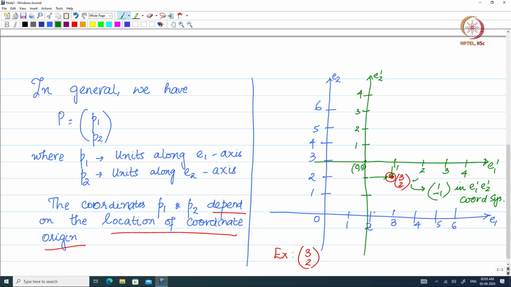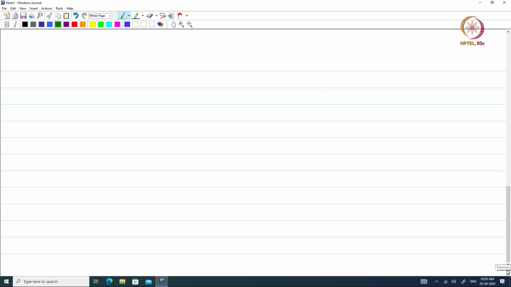Now, what is interesting is that the location of a point, as we mentioned earlier, is coordinate dependent; it depends on where you fix the origin. But now let us assume that I have a point in the same E1 E2 standard representation, where I have the origin (0, 0).